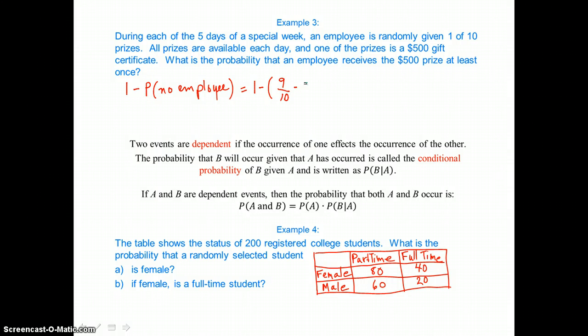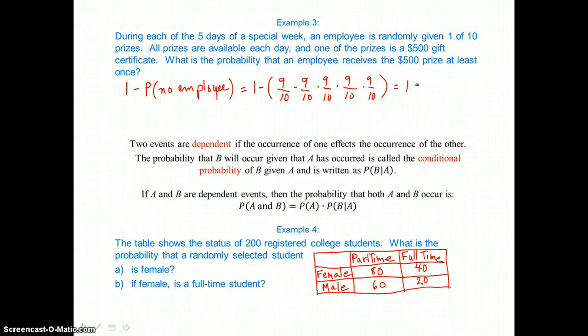The second day, the second winner has the same probability. The third day, the same probability. The fourth day, that winner has the same probability. And the 5th day, the winner will have the same probability, 9 successes out of 10 possibilities.